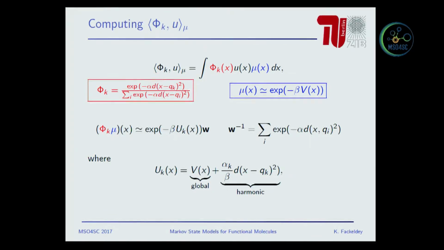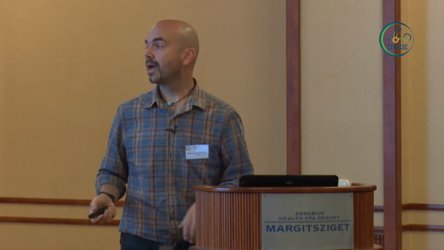Meaning, we want to resolve the whole system, the global potential, but instead of doing this, we are simply dividing the whole space into small portions. These portions are defined by the basis functions, and for each basis function we compute only the density.